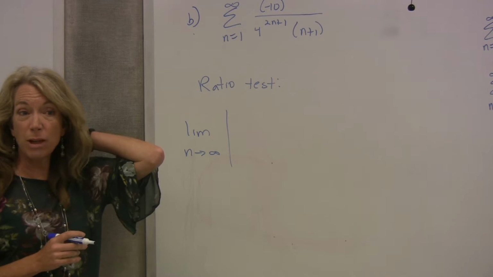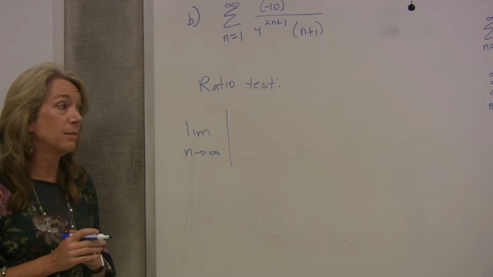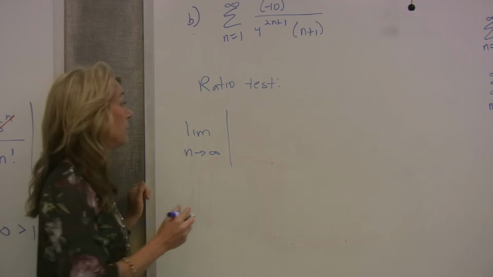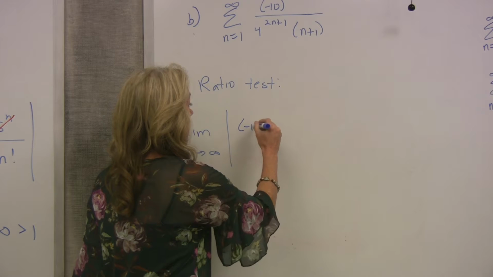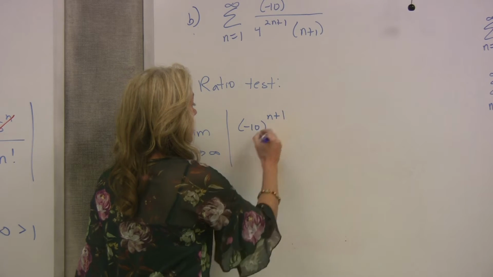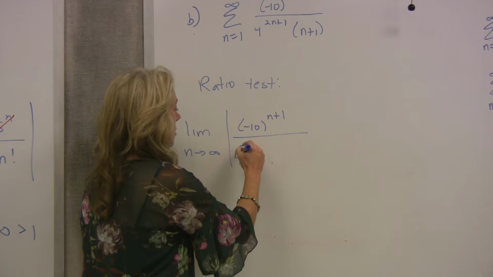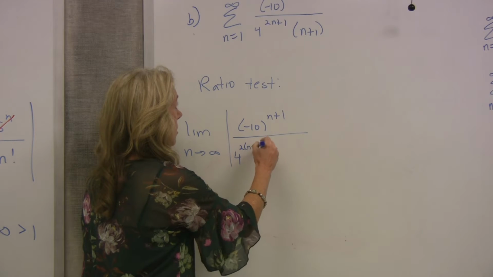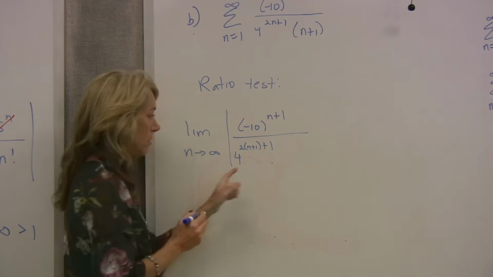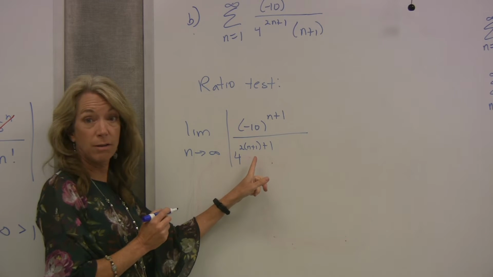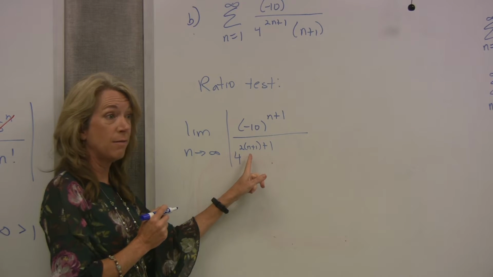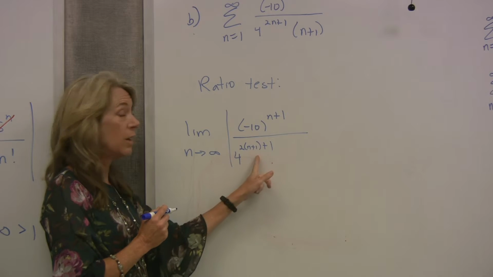The first thing I'm going to do is plug n plus 1 in for all my n's. Carefully. Negative 10 to the n plus 1. 4 to the 2 times n plus 1 plus 1. Careful there. I had to put n plus 1 in for the n, with some other stuff going on there.